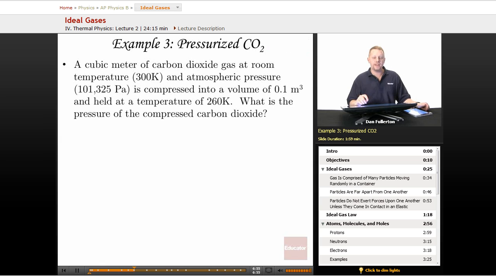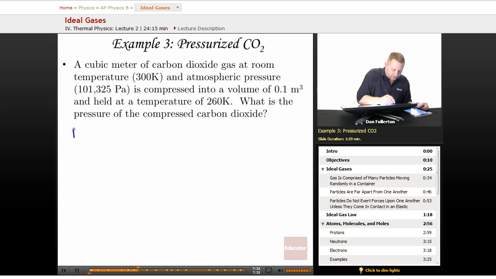All right, let's take a look at another example, pressurized carbon dioxide. We have a cubic meter of carbon dioxide gas at room temperature, 300 K, and atmospheric pressure, about 101,325 pascals. It's compressed into a volume of 0.1 cubic meter and held at a temperature of 260 K. What's the pressure of this compressed carbon dioxide? Well, since the number of moles of gas is a constant here, we can simplify the ideal gas equation into some combined gas law by setting the initial pressure, volume, and temperature relationship equal to the final pressure, volume, and temperature relationship.